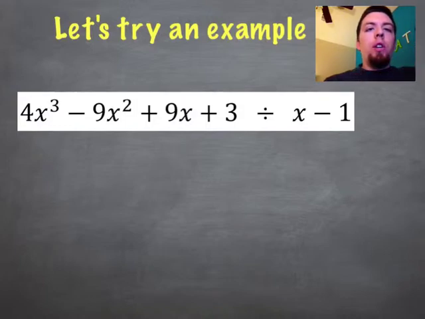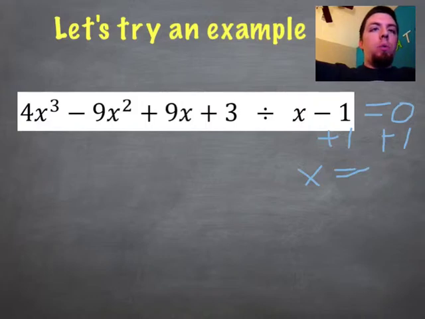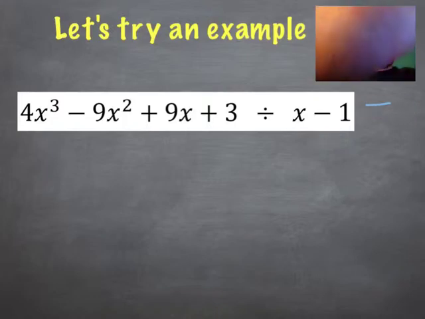So we're going to set this equal to 0 and solve. We would add 1, and we get x equals 1. So it means we're going to substitute by 1, or evaluate by 1. So let's get rid of those. Okay, so I'm going to replace all of those x's with 1.